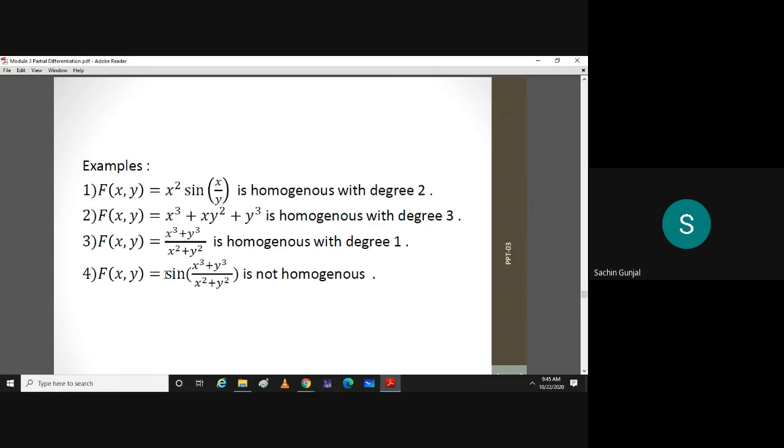Because you can write this as t raised to 0 times sine of (x square minus y square upon x square plus y square). Please understand this. So such functions are homogeneous if and only if the degree of the numerator and the degree of the denominator are the same inside that function. Then and only then such functions will be homogeneous. All right, fine.